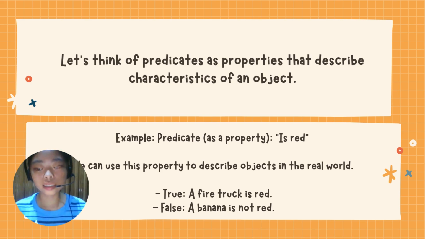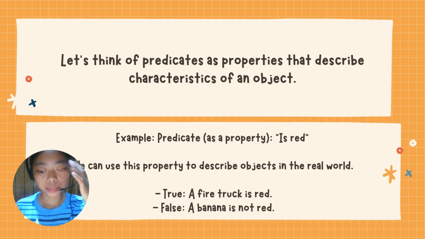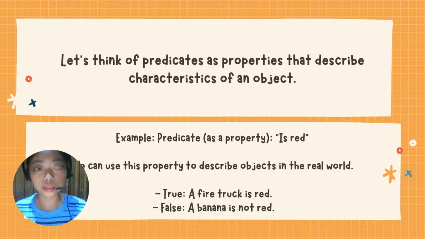Another example of a predicate as a property is "is made of wood". The application describes a chair, a table, or a wooden house.